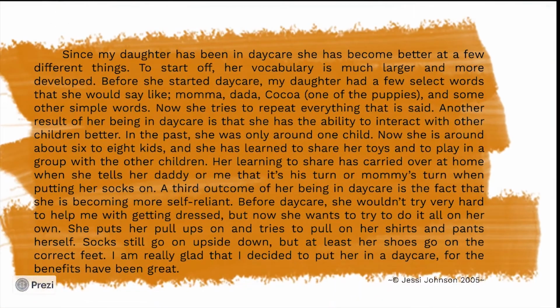Now let's read this paragraph silently to identify the cause and effect pattern of development. If you can see, the first sentence of the paragraph is a topic sentence, and the succeeding sentences in the paragraph identify the positive effects of daycare.